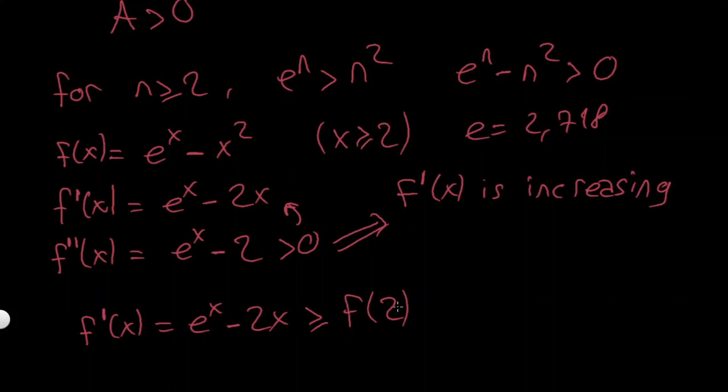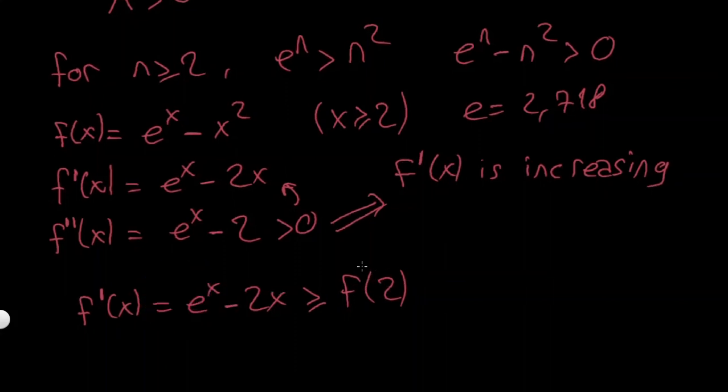So f prime 2 is e squared minus 2 times 2. This is something bigger than something. Obviously e is bigger than 2, so e squared is bigger than 2 times 2. So this thing is, of course, positive.